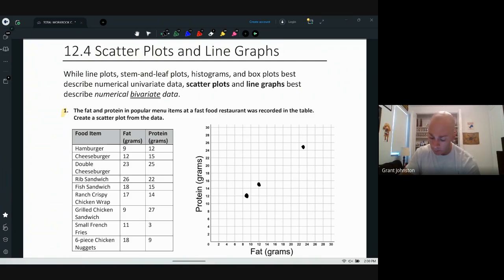Rib, 26, 22. Fish, 18, 15. Okay. The Ranch Crispy Chicken Wrap, 17, 14.